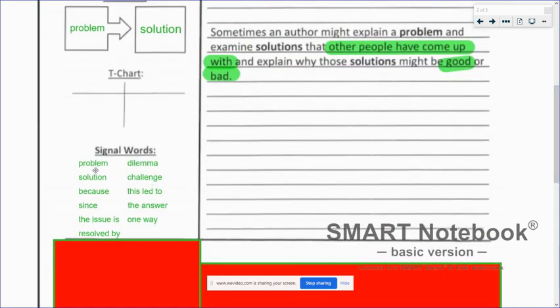So writing down these words: problem, dilemma, they might use instead, solution, challenge, because, this led to, since, the answer, the issue is, one way, resolved by. These are examples of words that might be in a problem and solution text or article. You can pause the video, and once you have them all written, start again.